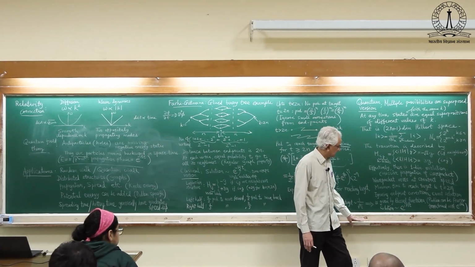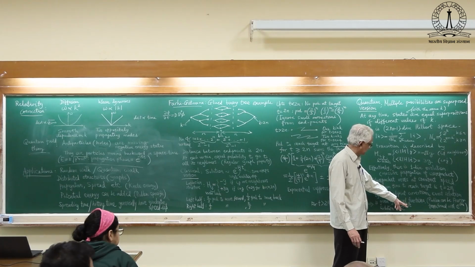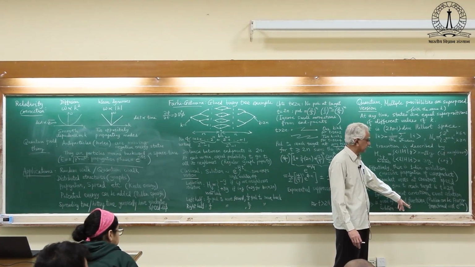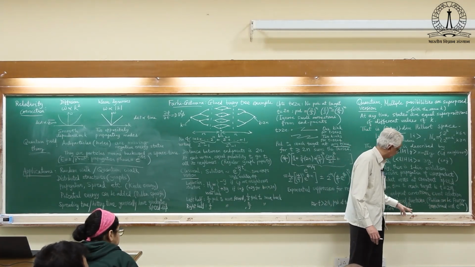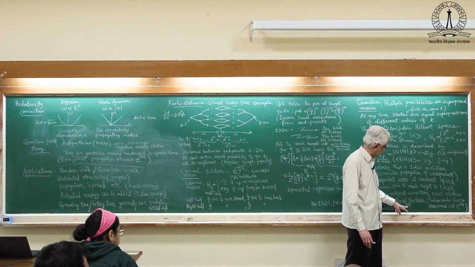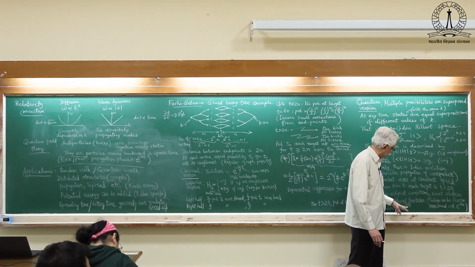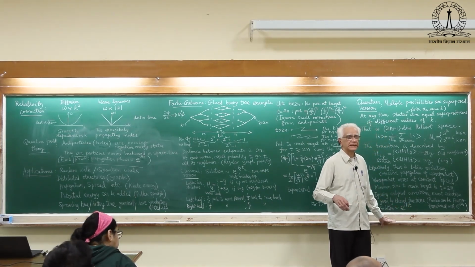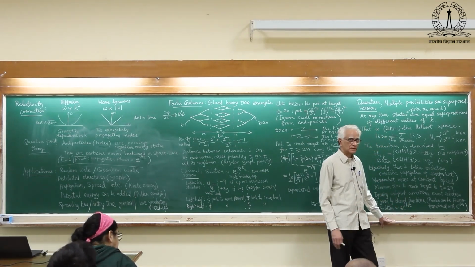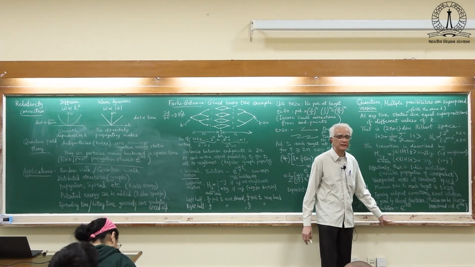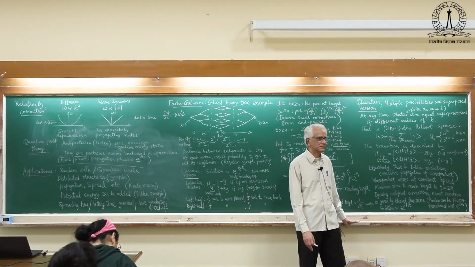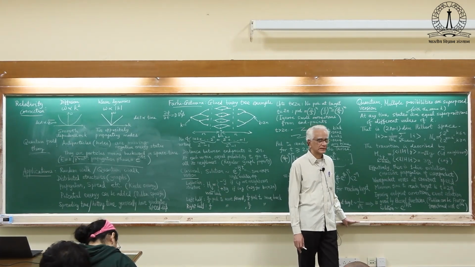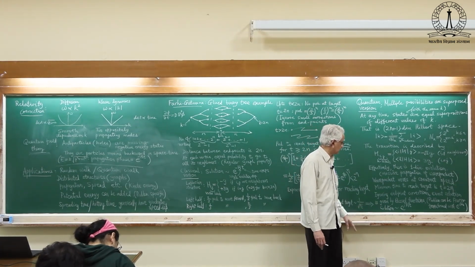Something like e raised to cosine t. So that is what this is going to become. Diagonalize h, it will become cosine p and t. So the integral is e raised to cosine p times t, summed or integrated over all the values of p, and that is one of the definitions of the Bessel function. So that's how it comes, and you can solve for it.